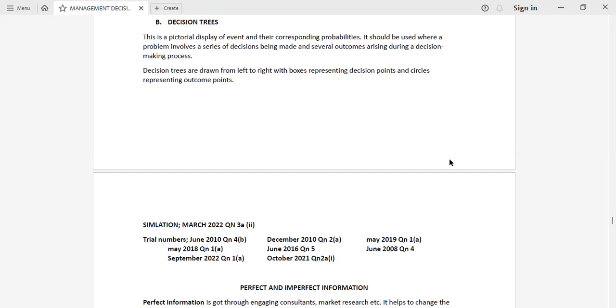So we shall look at how we can incorporate the other example that we had. We have a simulation up there. We shall do that simulation, and we make sure we finalize it using the expected value. And at the end of the day, we also use that to draw a decision tree, so that we can get the differences.